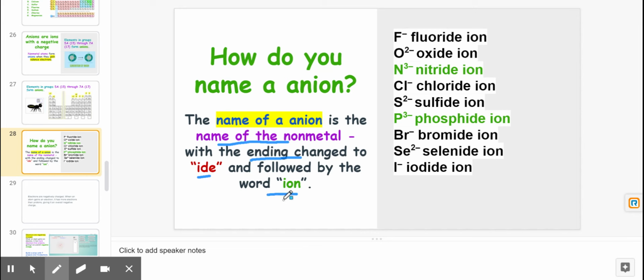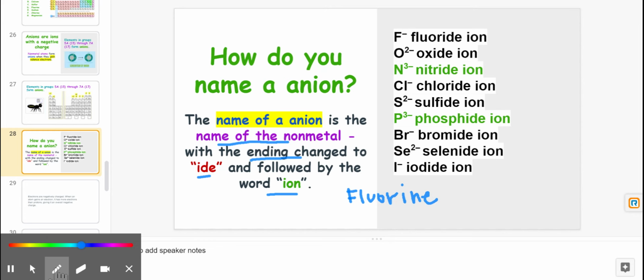So for example, if we think of the word fluorine, that's the element name, how are we going to name the fluorine anion? Well, we have to change the ending to IDE.